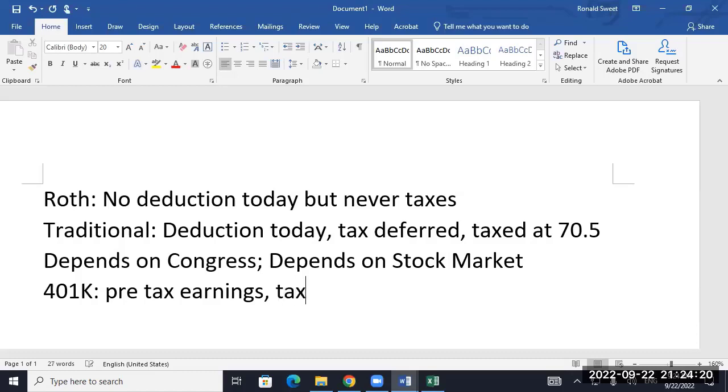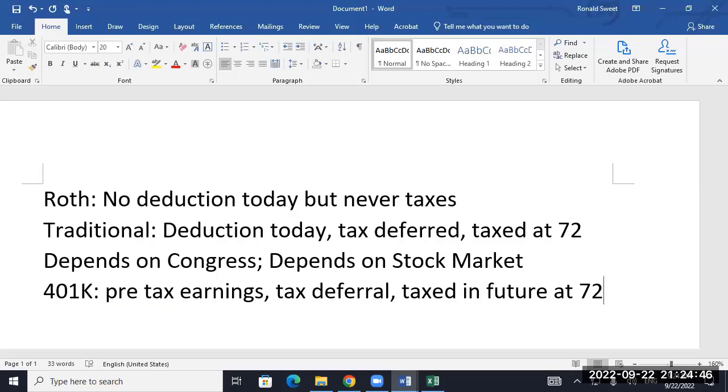You get tax deferral. Is it taxable in the future? Tax in the future. I don't know what the age is there. Maybe it's 70 and a half as well. 72. All right. Is that true for traditional as well? Wow, 72. That's kind of nice. Okay.